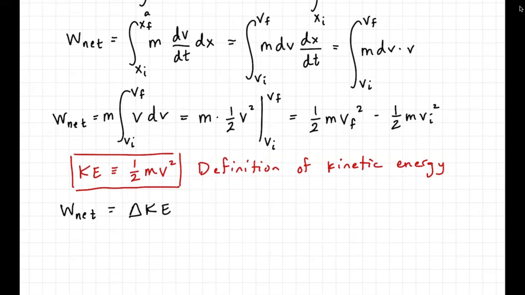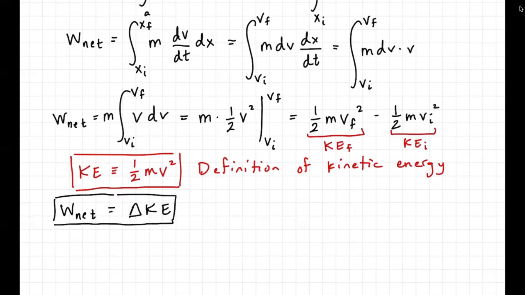So I guess I could write that out. This is the kinetic energy at the end, so kinetic energy final, and this is the kinetic energy initial. The difference between them, I'll call the change in kinetic energy, delta KE, delta meaning change. And this thing is called the work energy theorem.